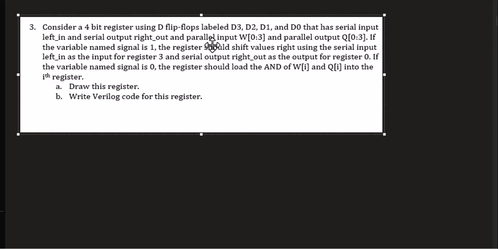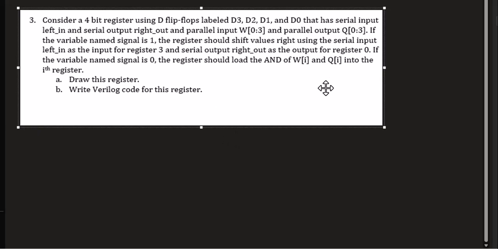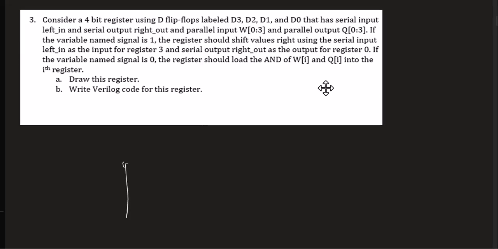Okay, consider a 4-bit register using D flip-flops labeled D3, D2, D1, and D0. So just like what we did just a minute ago.